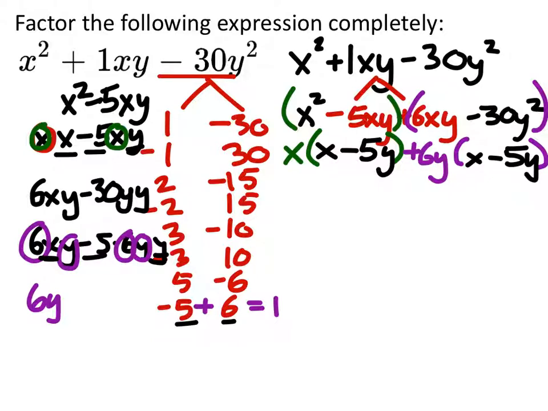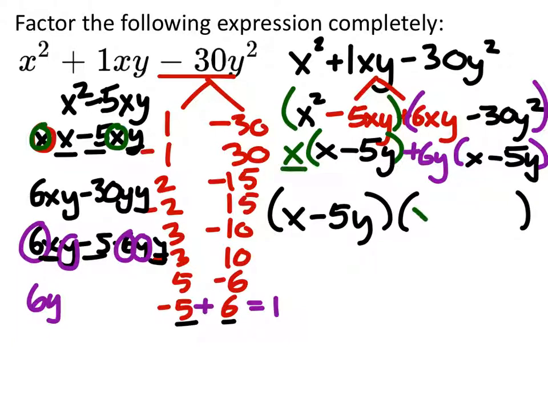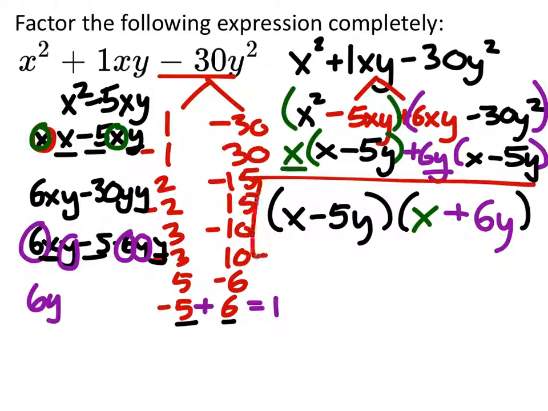But we can see inside the green parentheses and the purple parentheses, I've got x minus 5y again, which means I can factor those out as x minus 5y as the greatest common factor between the two terms now. And then what do I got left over? The greatest common factors from those, which was x, and then the positive 6y right there. And this is the term we wanted.